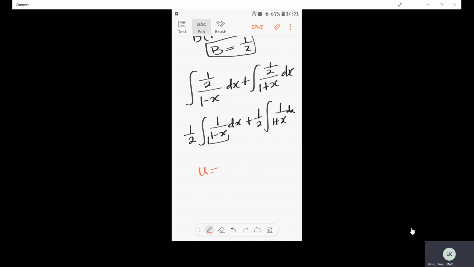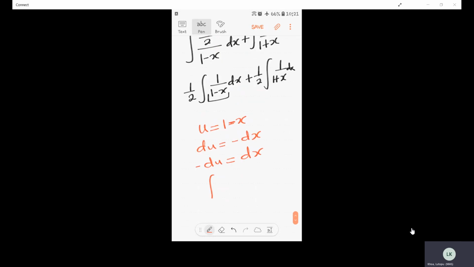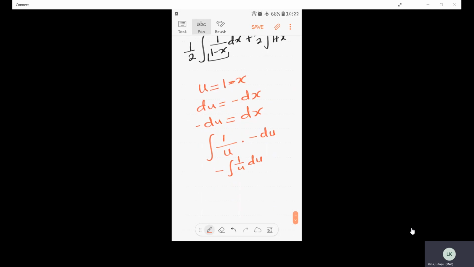Okay, so we have u equals 1 minus x, du is equal to minus dx because of the negative over there, and this means that minus du is equal to dx. So what you're actually integrating over there is 1 over u times negative du. So this is just negative integral of 1 over u du, which is negative ln of u.